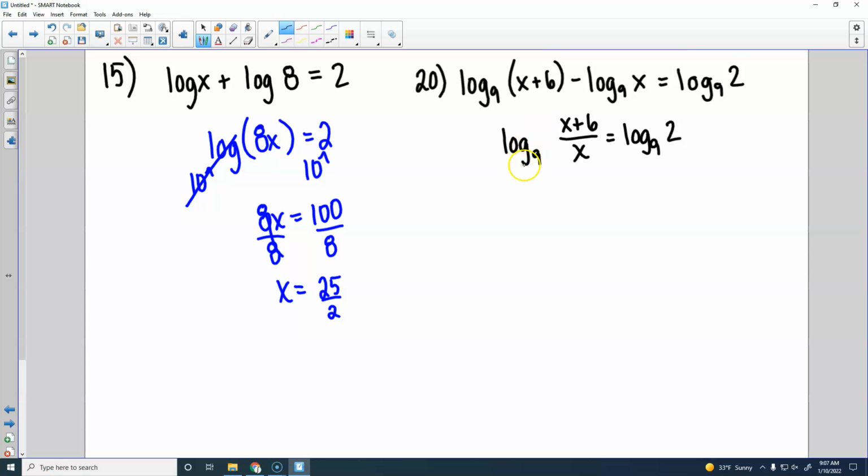And now that we have just a single log on each side, we can do 9 to the power on both sides. It just cancels out. You can drop the logs. So you got x plus 6 over x equals 2. All right, how do we solve that?